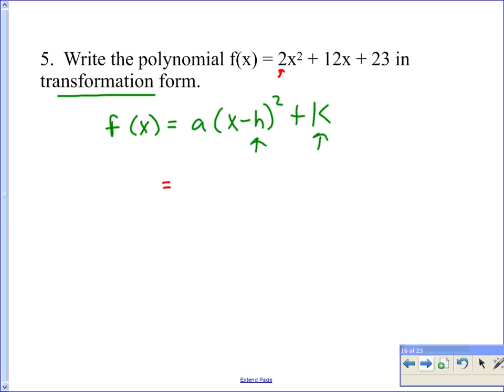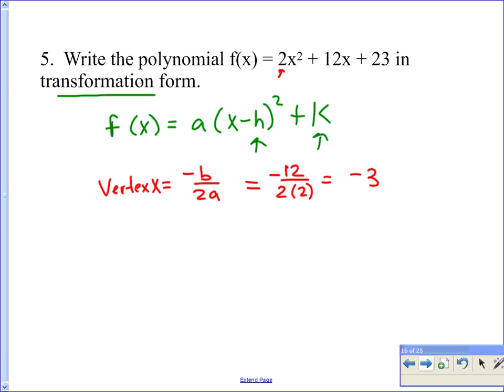So here we go. The x value of my vertex is going to be negative b over 2a, which in this case is negative 12 over 2 times 2, which is going to give me negative 3.